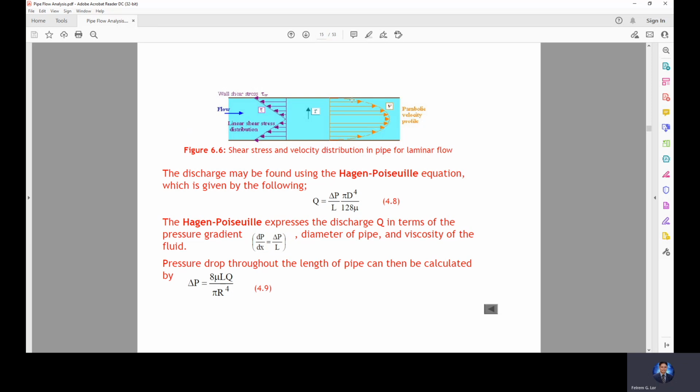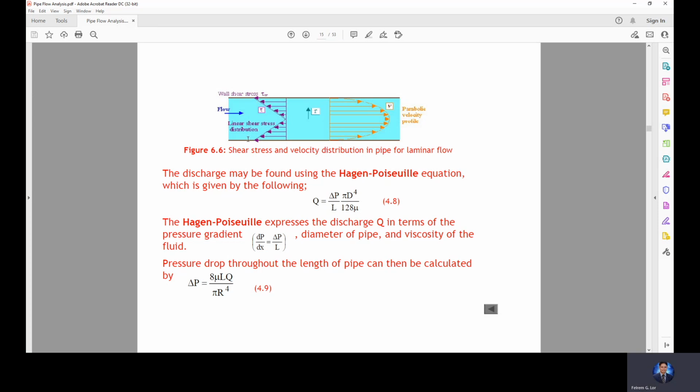It follows a parabolic path. Then this is the shear stress. The shear stress for laminar flow is linear. You can see that the shear stress is maximum at the side, then minimum at the center.